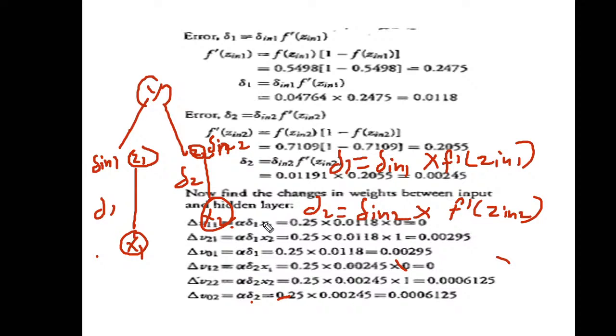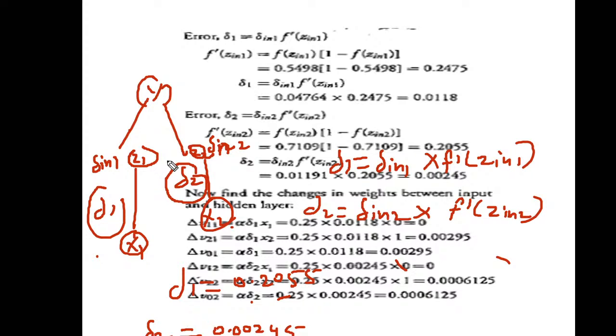So delta 1 will come out to, let's say, 0.2055, and delta 2 will come out to 0.00245.